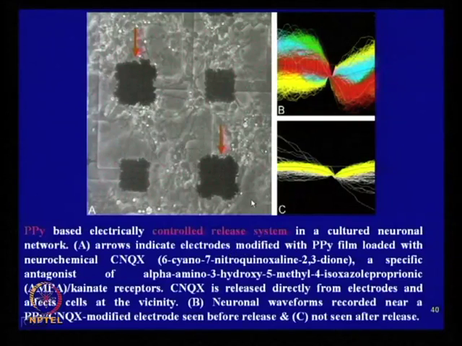These are the electrodes modified with a polypyrrole film loaded with some neurochemical drug, CNQX. So, these electrodes are covered with conducting polymer, polypyrrole, in which some neurochemical drug is deposited. So, for nerve stimulation, if this device is made, the electrode is there.